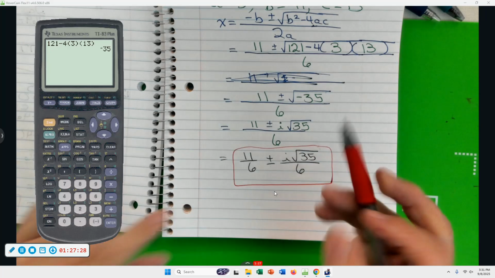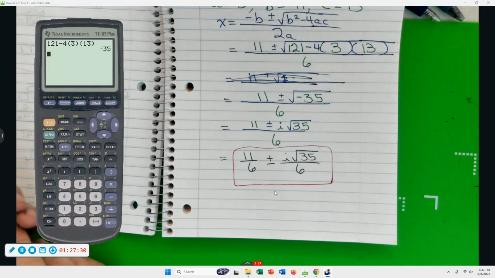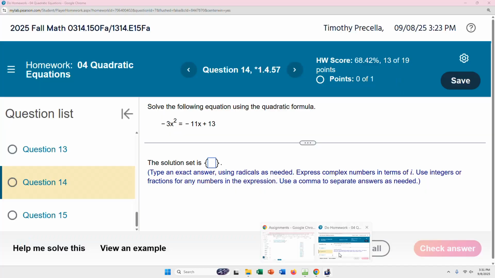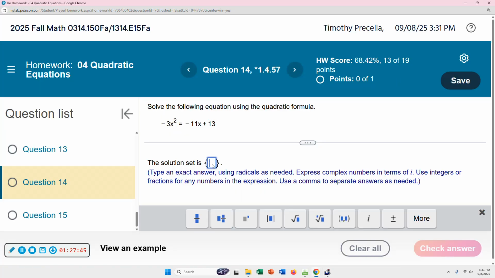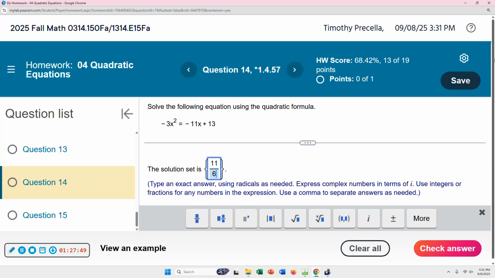I think last semester, if you look at the video for this problem, I typed it in like this and it said wrong. You've got to split it up. They'd have to go and find the video from last semester, the Spring 2025 playlist. 11 over 6.